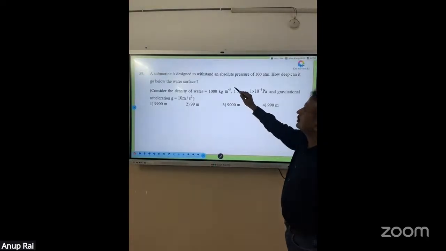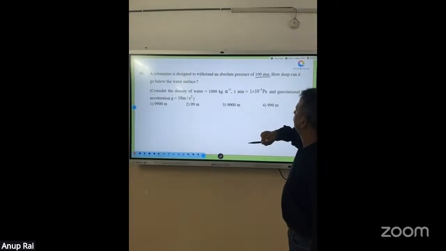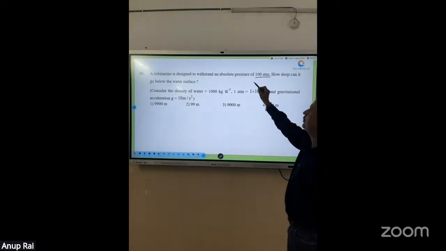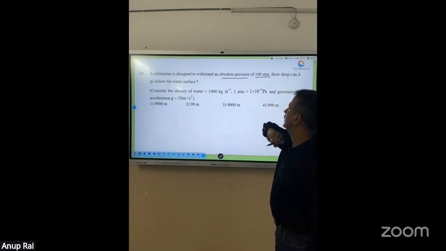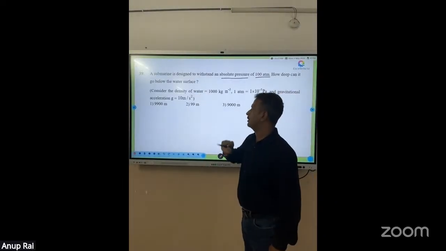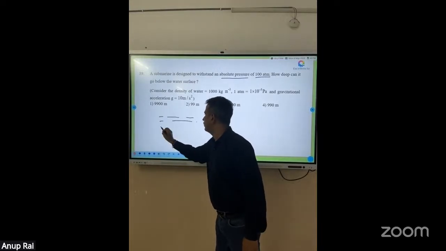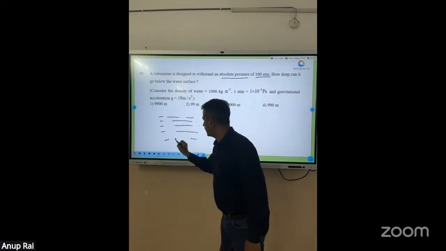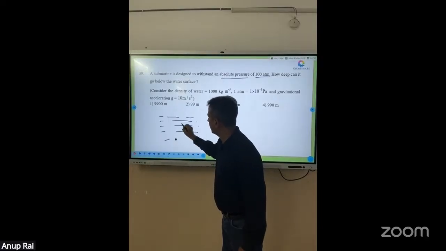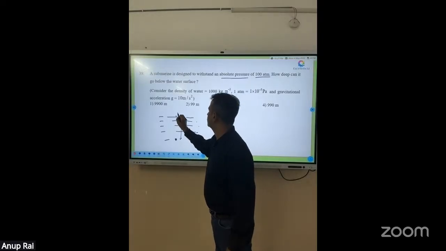A submarine is designed to withstand absolute pressure of 100 atm. Mind it, it is absolute pressure, not the gauge pressure. How deep can it go below the water? If this is the sea water, let's say this is the ship at height h below. At the surface the pressure is atmospheric pressure.